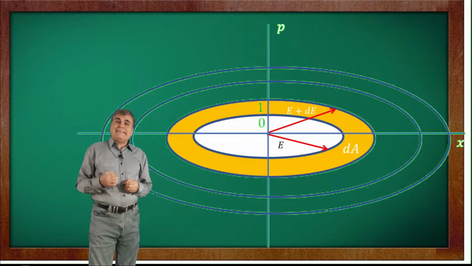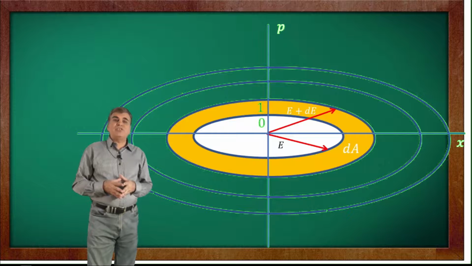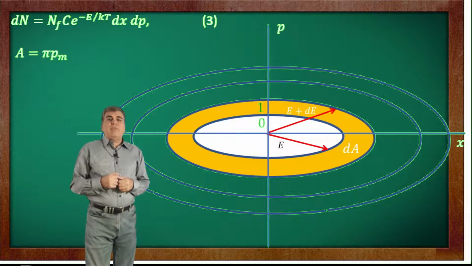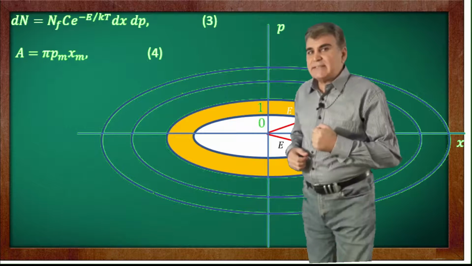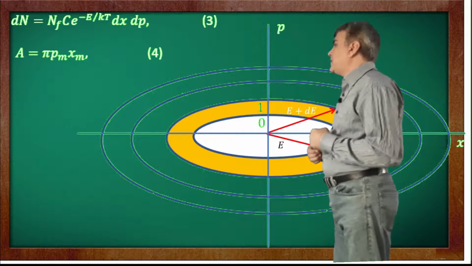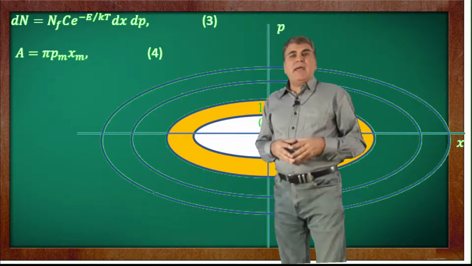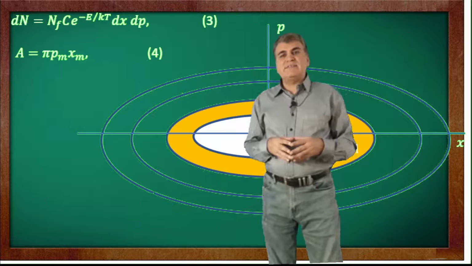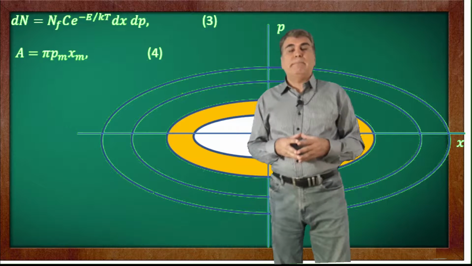So instead of dx dp, we can process equation 3 by defining a differential area in this geometry. Using the formula for the area of an ellipse, in the present case we can write A equals pi times p sub m times x sub m, where p sub m and x sub m stand for the semi-minor and semi-major axes and represent the maximum values of momentum p and position x.